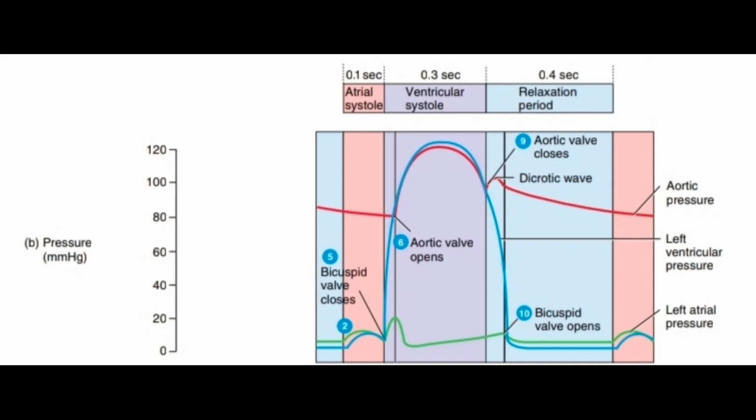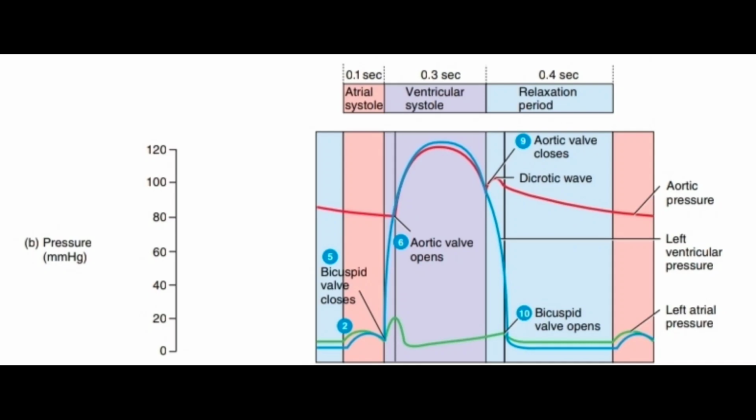in the very beginning, we can see when the ventricular pressure passes the atrial pressure, left atrial pressure shown in green curve, and the left ventricular pressure shown in blue color. As the blue line passes the green line, you can see the bicuspid valve closes.